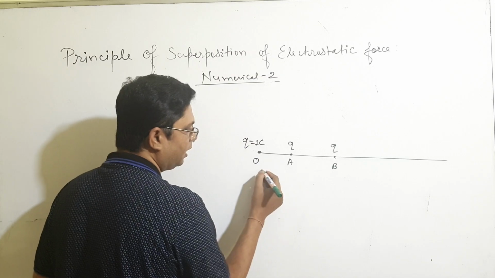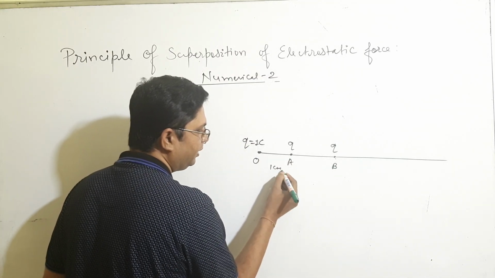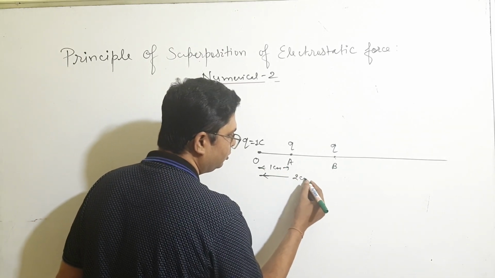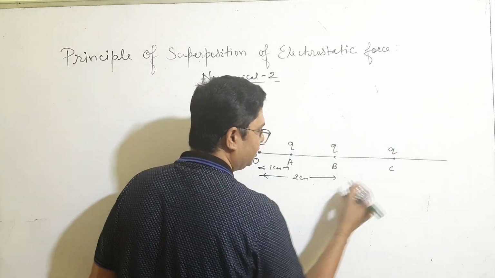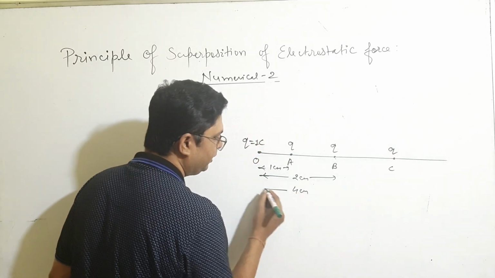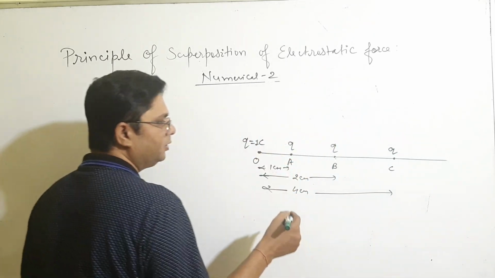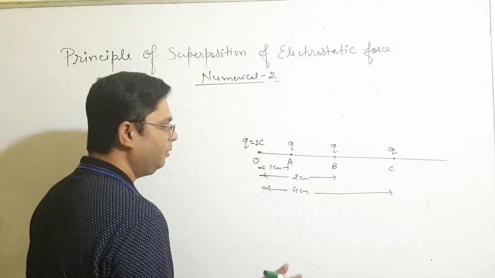Now this is 1 centimeter. This is 2 centimeter. Now at 4 centimeter you have another charge Q. So this is 4 centimeter in the same way, and so on. This means that charges are placed at 1 centimeter, 2 centimeter, 4 centimeter, 8 centimeter, and so on.